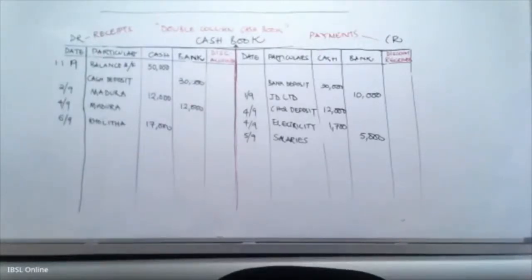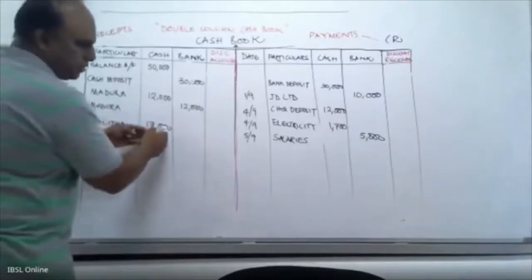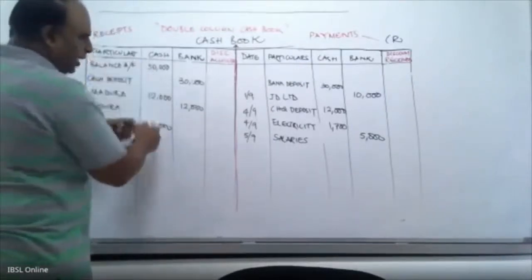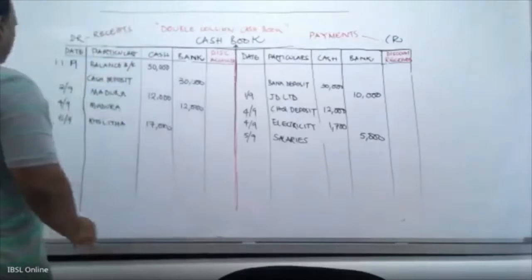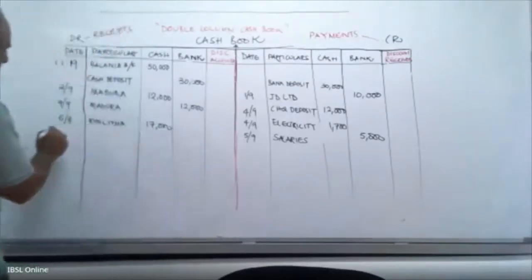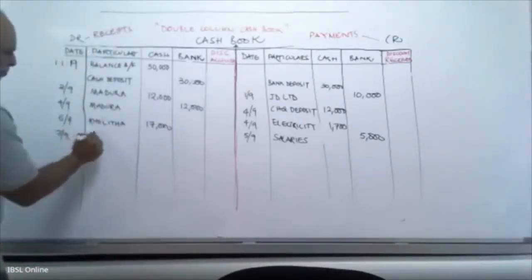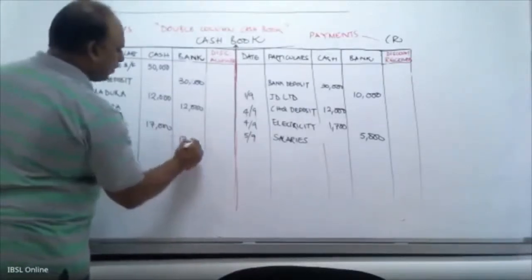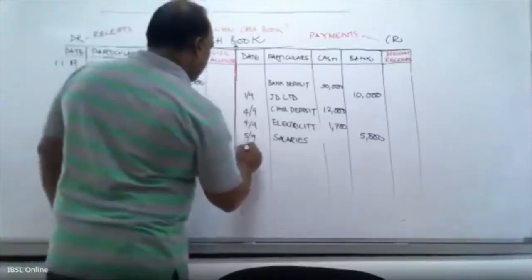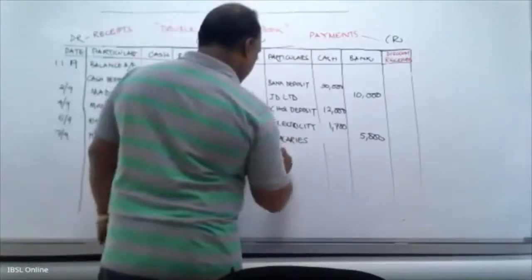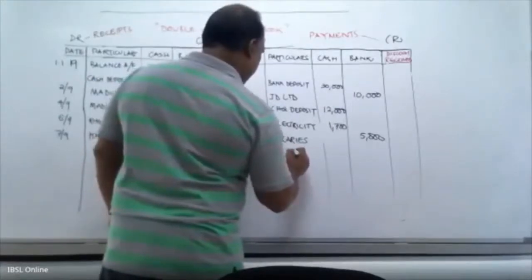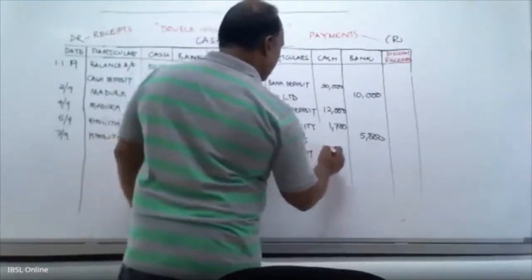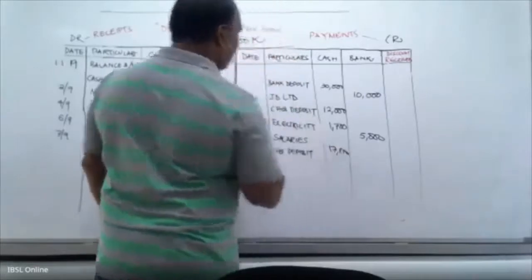Before proceeding further, on the next working day, which is the 7th September, what you should do is transfer this 17,000 from the cash to the bank. So on 7th September, again, this 17,000 will go into the bank column, and on 7th September, you will deposit a check which is from your cash.